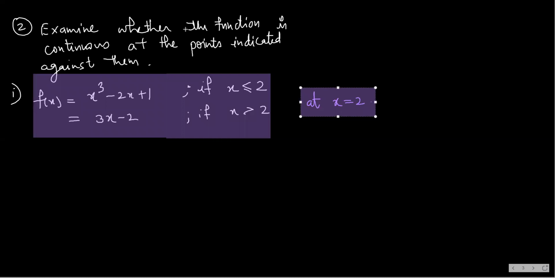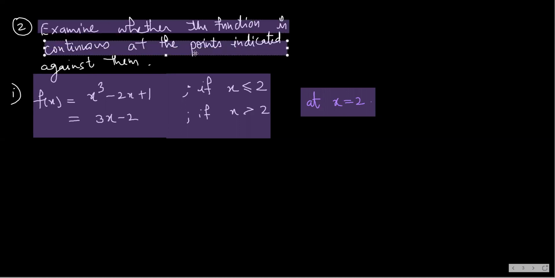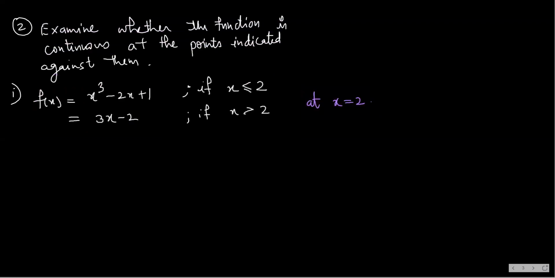What we have to do? We have to examine whether the function is continuous at the indicated point against them. So my aim is to examine if this function here is continuous at x equals to 2. How do I examine? See students, it is all by definition. I have to examine at x equals to 2.